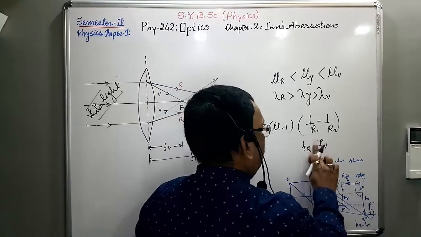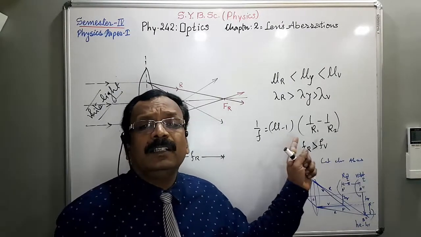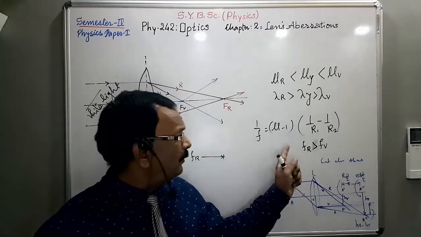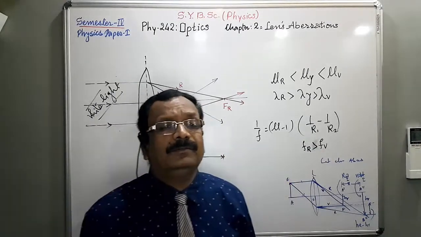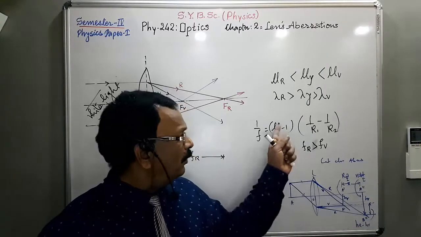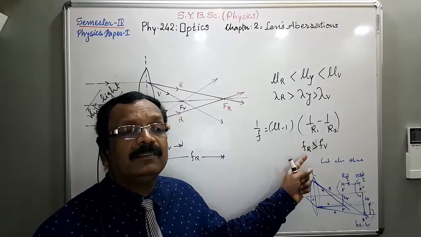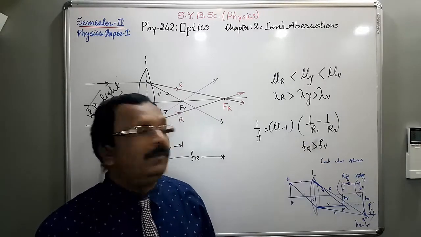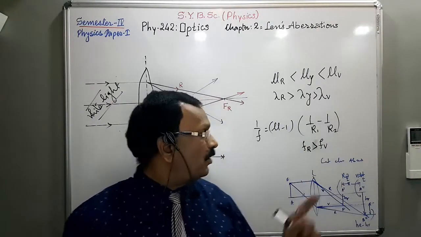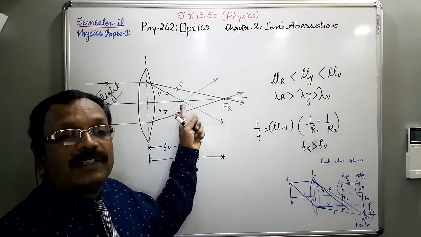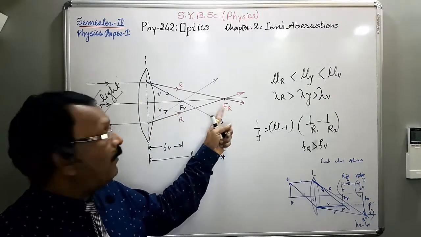According to this relation, the focal length of a lens is smaller for violet color and larger for red color. Therefore, violet rays are brought to focus near the lens, whereas the red rays are focused away from the lens.